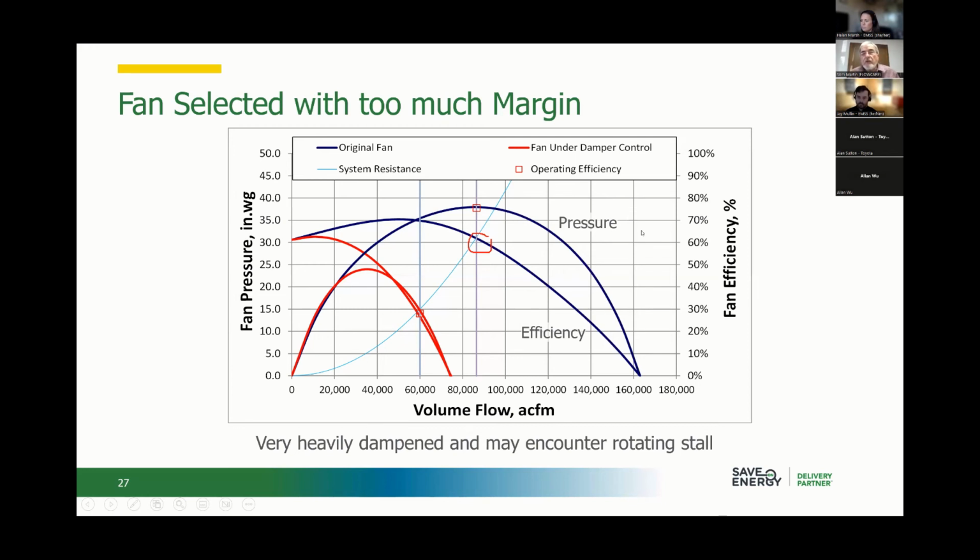Now, you've got to be really careful. This is where you have to really know your system, because if you do what we've suggested in this case, which is get a different fan that's sized more to go down through that point instead of the original fan, which was way up here, do we really know enough about this system to know whether or not it doesn't have upset points where it really is needed out here?